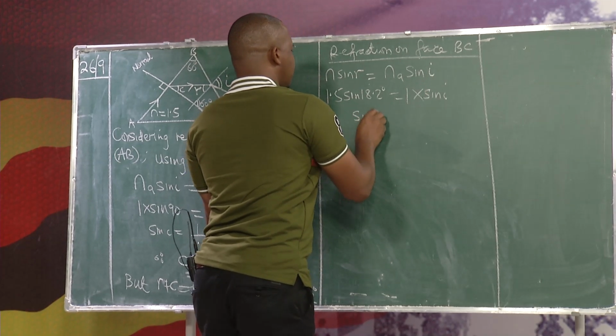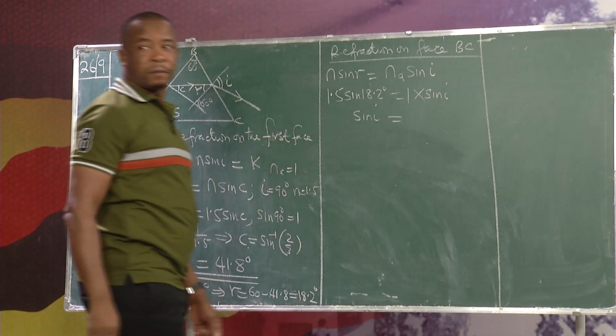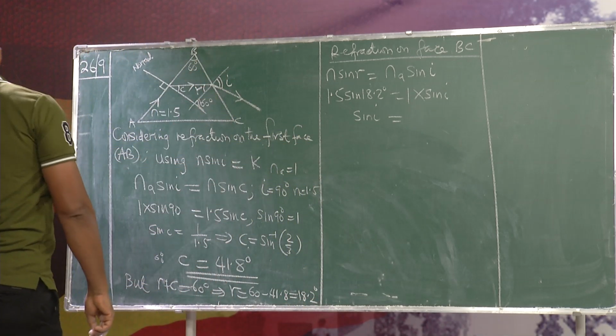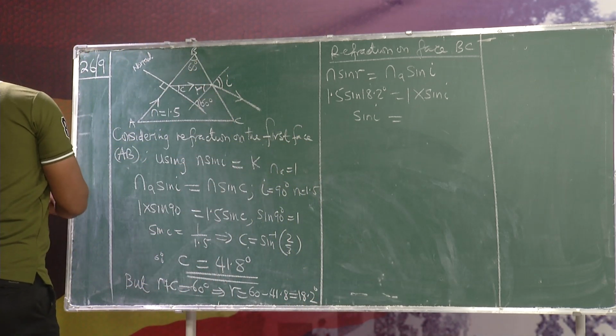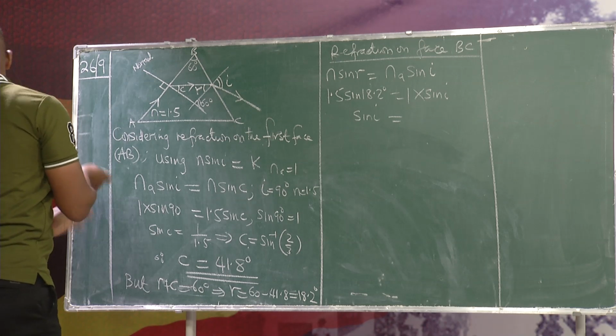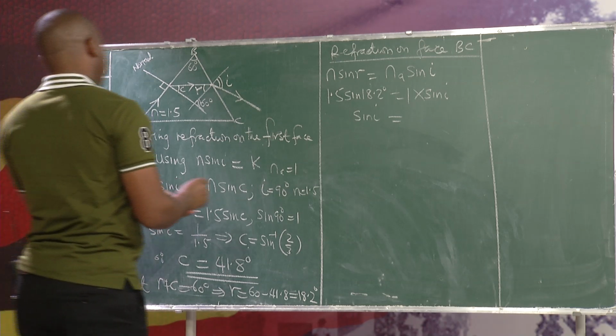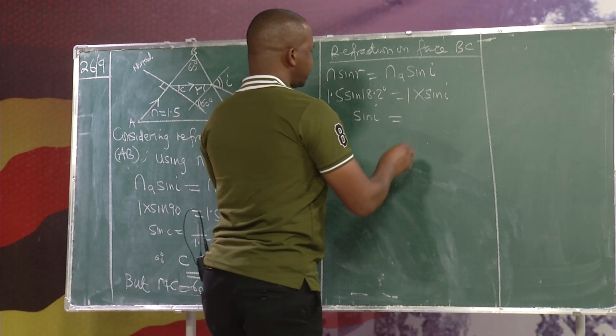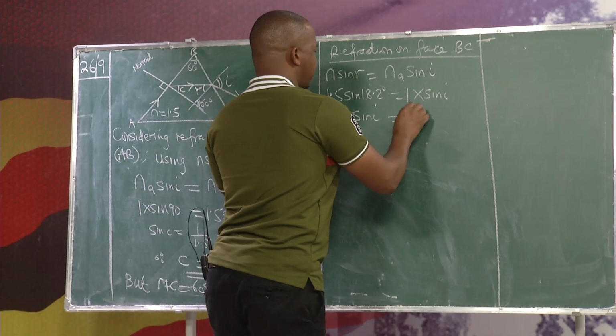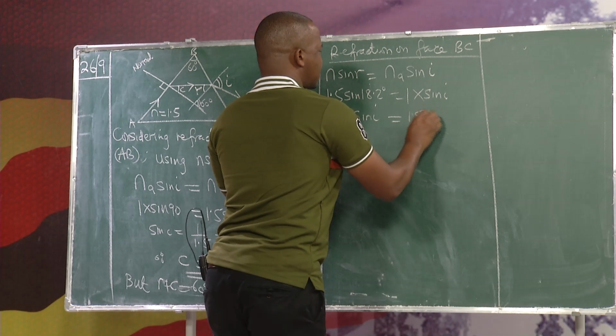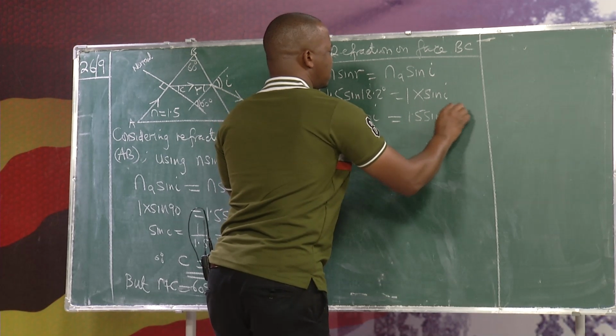Therefore, the sine of I is 1.5 times the sine of 18.2.